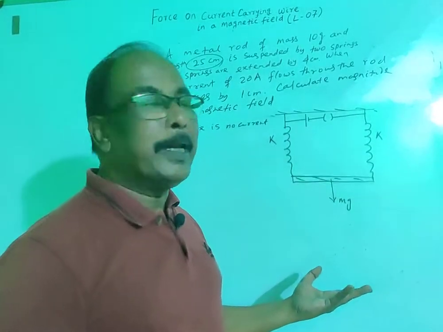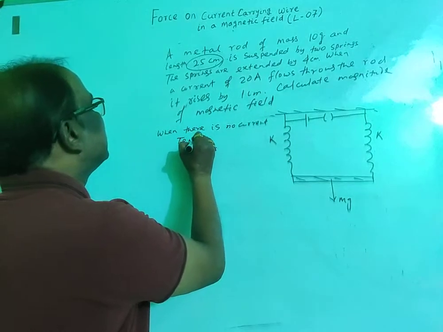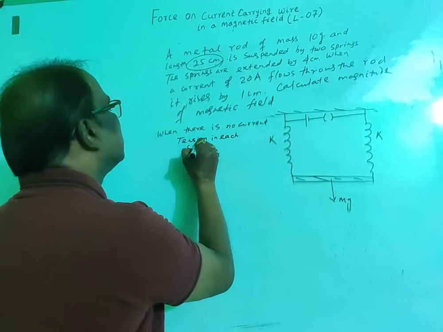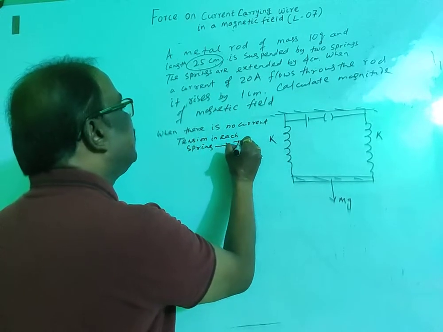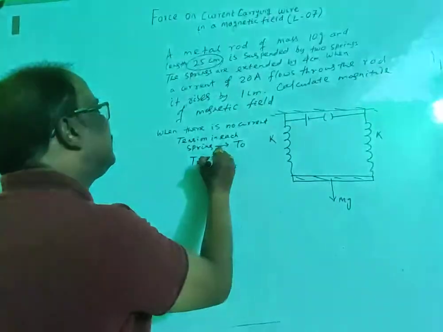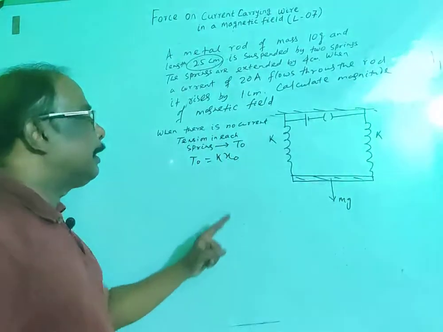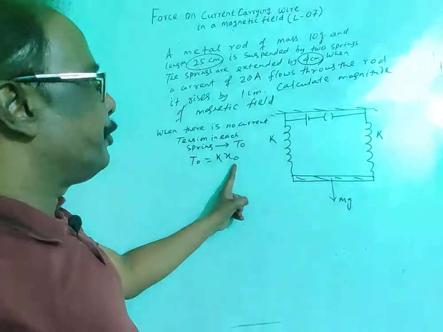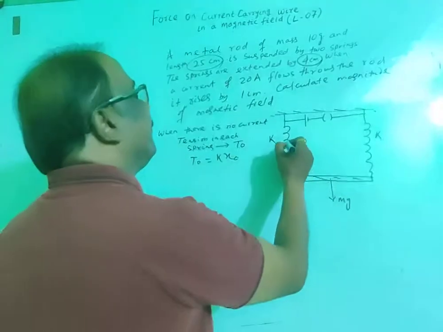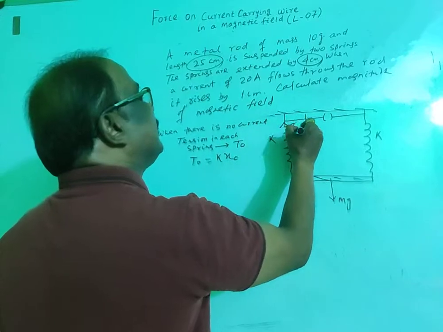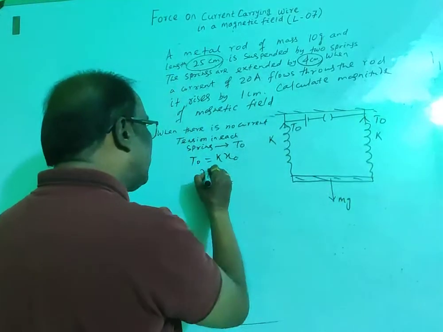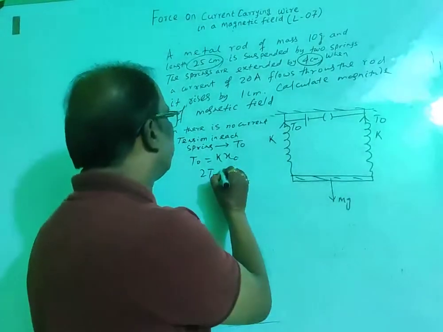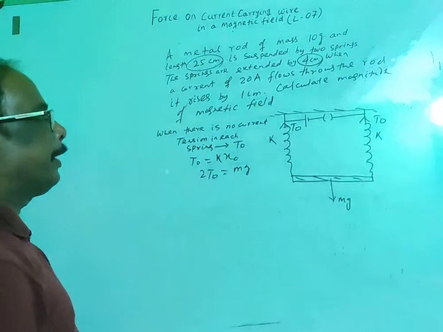Let the tension in each spring be T naught. Tension is equal to a constant into elongation. Let the initial elongation be 4 centimeter, x0. Here there is tension T naught in each spring, so 2 T0 is the total upward force, and the total downward force is mg. Is it clear?